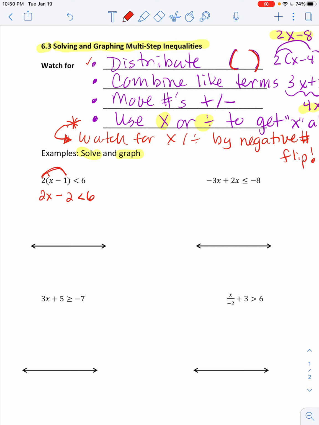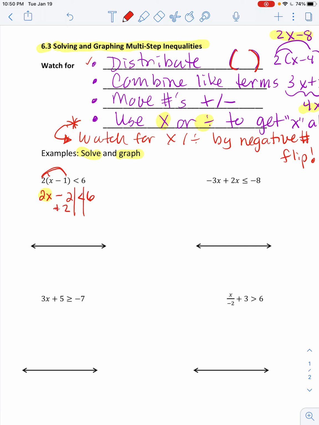Combine like terms means that I would have x written in a couple different spots in my problem, but I don't. So I'm going to move on to moving numbers that are added or subtracted, because the 2 and the x are attached by multiplication, so they're pretty close, which means this is the thing that moves out of there first.